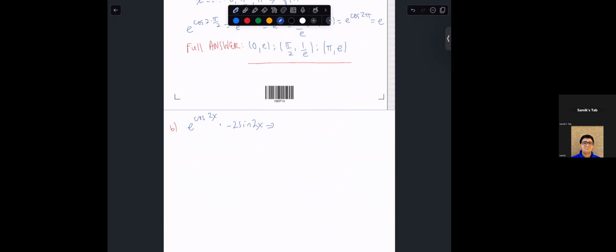So we can rewrite this as minus 2e^cos 2x to make this a little bit easier, because now we have to apply the product rule, which is: uv derivative is equal to u dash v plus v dash u. Dash means the derivative. So we can then apply this formula.